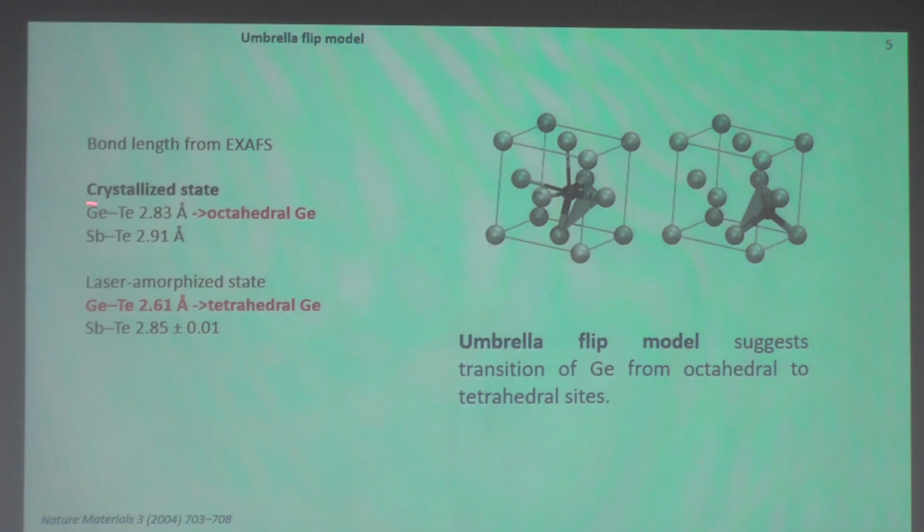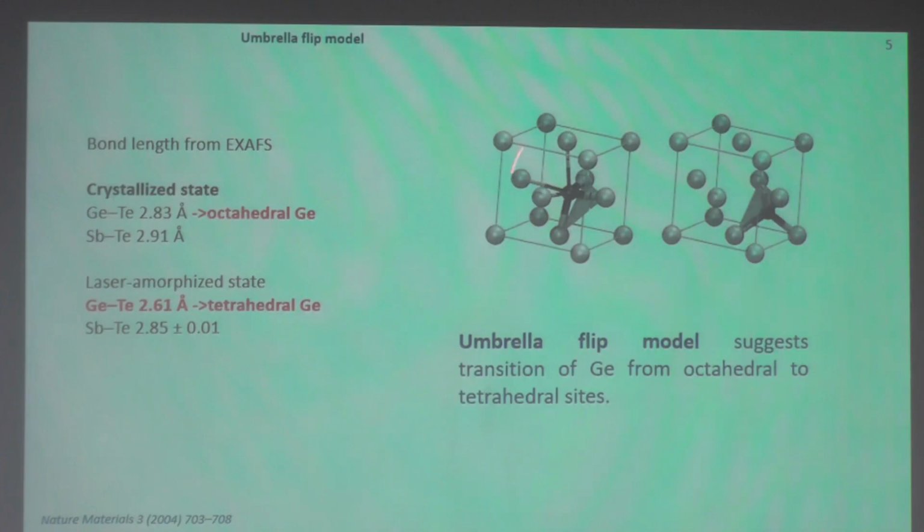If we look at the environment of this germanium and antimony, we know that they are sitting in octahedral sites in the crystalline phase. But the bond length suggested that the germanium is sitting in tetrahedral sites. And so, in 2004, Kolobov and Tominaga proposed the so-called umbrella flip model. So what is happening here?